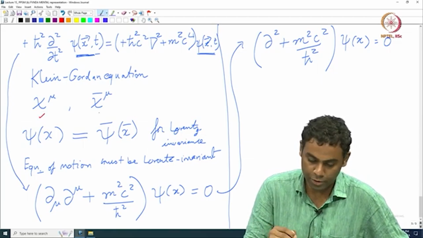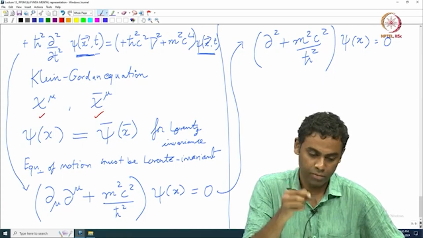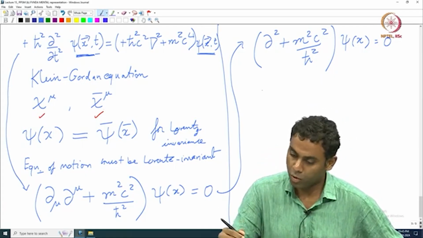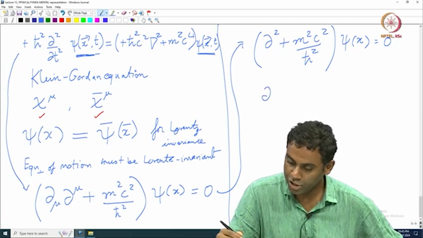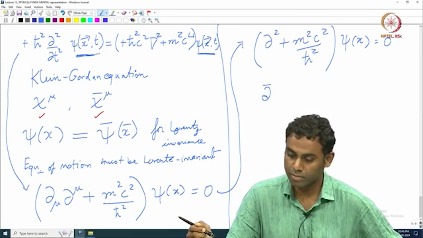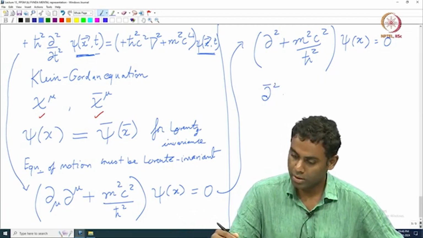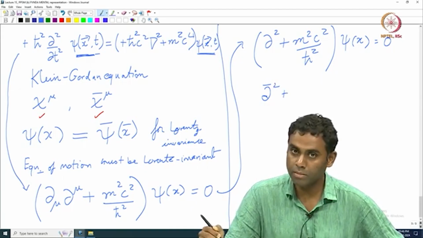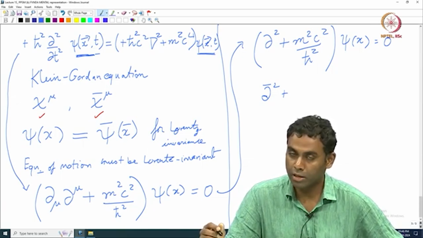How would I write the equation of motion in the x bar frame? What would happen to the derivative? In general, the derivative would also transform, correct? So, I can write a dou bar squared plus what about m? What is m squared? That is an invariant, right? That is a Lorentz invariant.